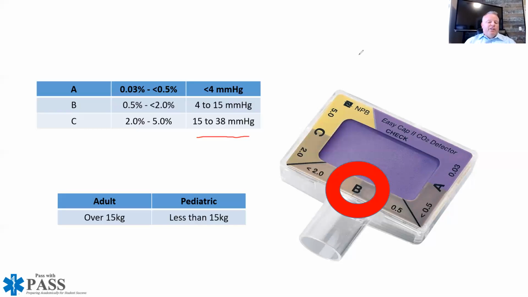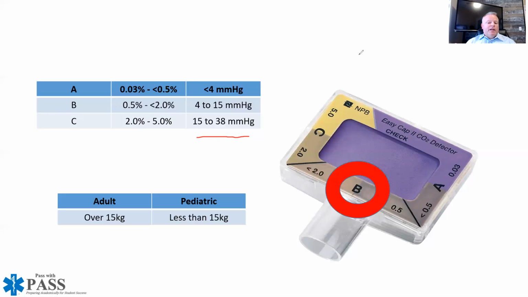It's 15 to 38. And I want you now to think about what a normal end-tidal CO2 reading is. What the range that we should be shooting for, and this is from birth all the way through life, okay? So there's no differences in neonates versus peds versus adults or geriatrics, is 35 to 45. Well, this is only hitting the low end of that normal range.